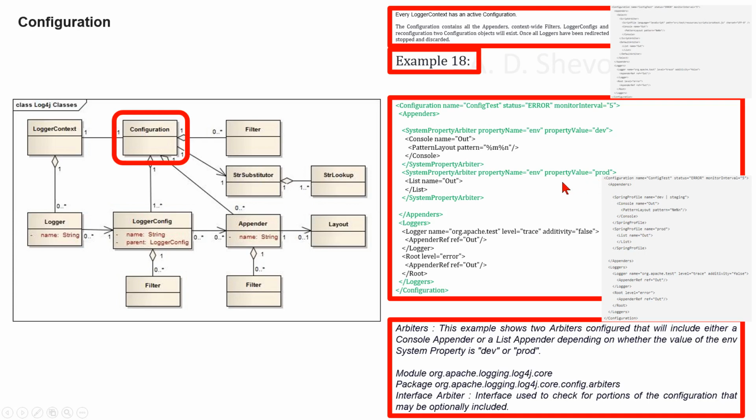Arbiters normally act in isolation from other arbiters. That is, the outcome of one arbiter will not impact any other arbiters. This can be cumbersome when you simply want to use one of a set of choices.